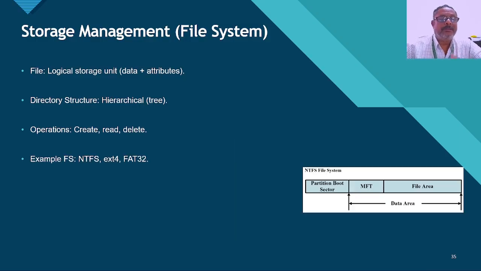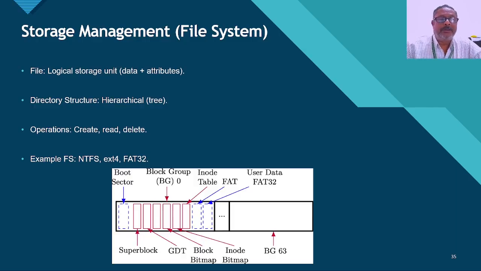So these are the various examples of file systems. It may be NTFS or FAT32 and all that. Some details we are going to look at in the coming sessions when we deal with the file system in detail.